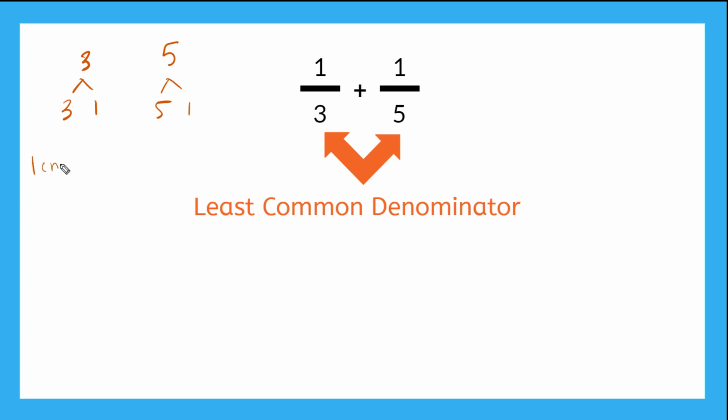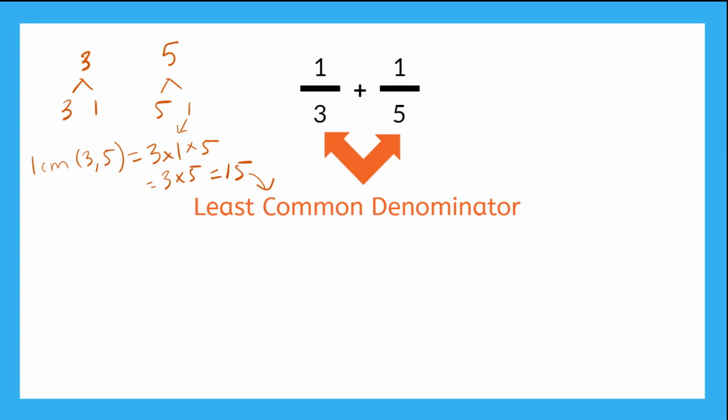So my LCM for 3 and 5 has to represent my 3, which is 3 times 1, and my 5, which is 5 times 1. I already have that 1 right there, so I'll just add my 5. And this is really just saying 3 times 5, which is 15. So the LCM of 3 and 5 is 15. So that's what my least common denominator would be.